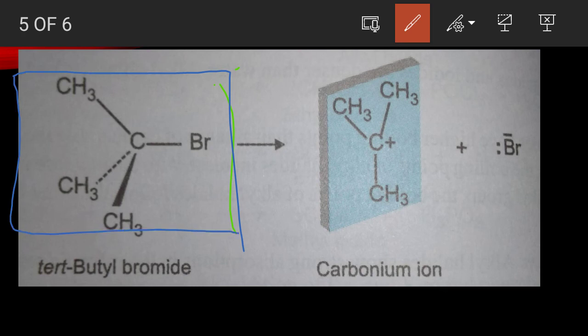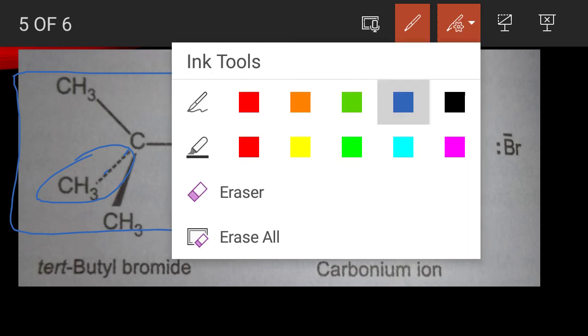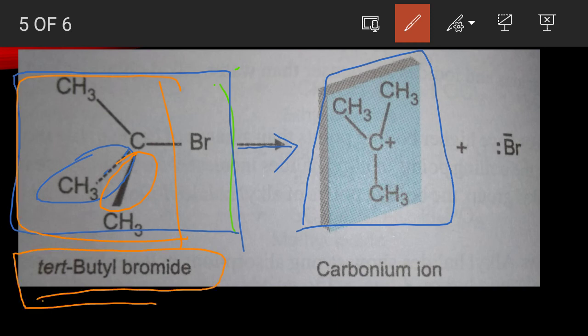This tertiary butyl bromide is converted into a planar carbonium ion in the first step. The tertiary butyl bromide is not planar. Look at here, this bond is denoted by dots, it means this bond is present behind the plane, and this bond is represented by a thick line, it means this bond is present above the plane. It means this is not a planar structure. The tertiary butyl bromide is not a planar molecule.